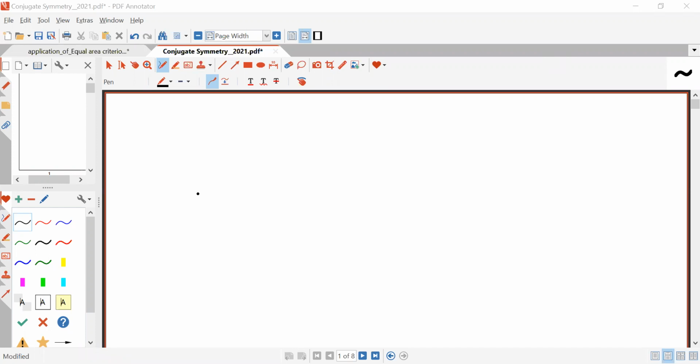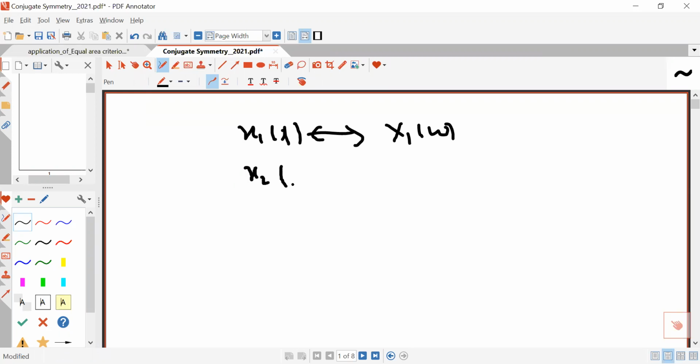In the previous lecture, I have proved that the Fourier transform of any signal x1(t) is X1(omega), and the Fourier transform of any other signal x2(t) is X2(omega).